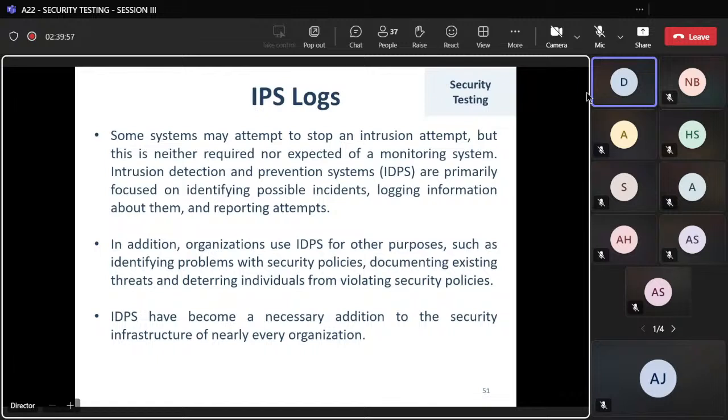Also, this will even help to reconfigure. For example, the IPS, I can say IDPS, intrusion prevention system, can even reconfigure a firewall rule so that the malicious traffic may not be permitted again in your corporate network.